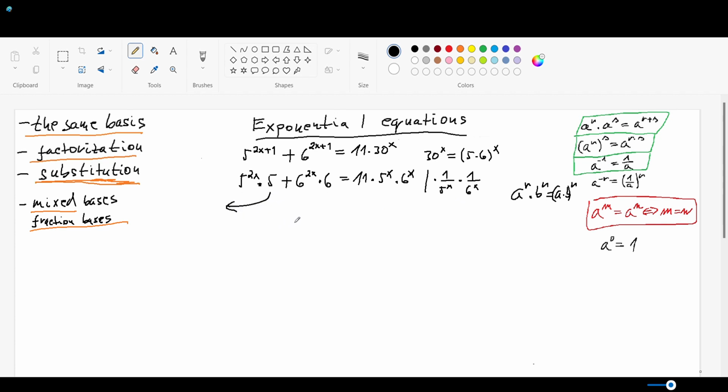So let me put the 5 as the constant or coefficient first. Then it's going to be 5 times 5 to the power of 2x over 5 to the power of x times 6 to the power of x, plus, again putting the 6 as the coefficient first, 6 times 6 to the power of 2x over, and let me change the order of this multiplication, because we know that it doesn't matter in which order we do it, since 5 times 6 is the same as 6 times 5.